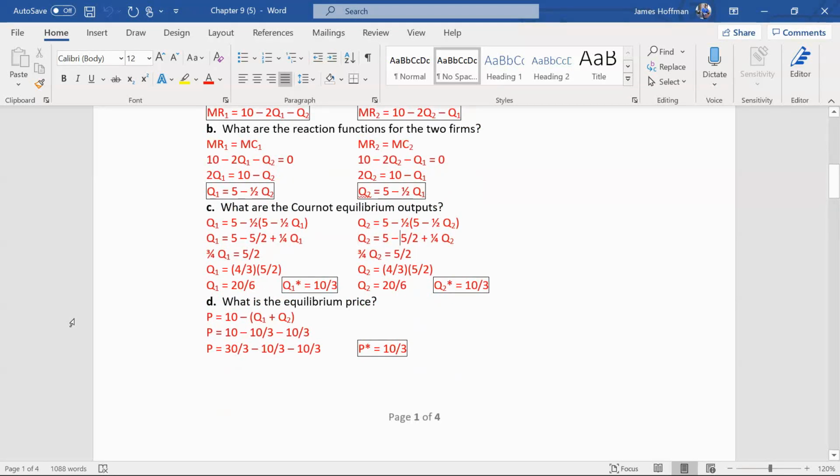So we get 5 minus 5 halves plus 1/4 Q2, and then subtract 1/4 Q2 from both sides, we get 3/4 Q2 equals 5 halves, and multiply by 4/3.